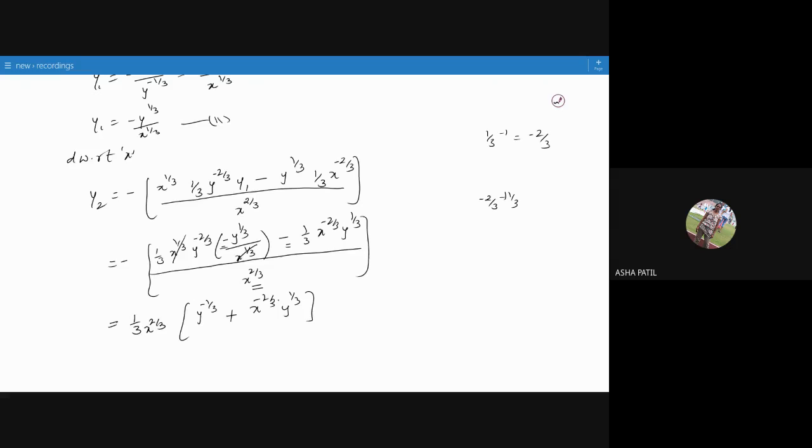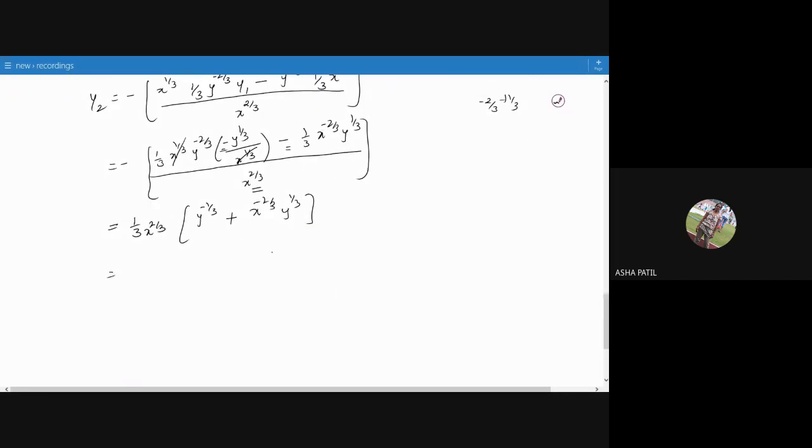Now this term we will better write with positive power: 1 by 3 into x raised to 2 by 3, 1 upon y raised to 1 by 3 plus y raised to 1 by 3 divided by x raised to 2 by 3. So that we have positive powers for x and y. Let us take LCM here. So we have 1 by 3 into x raised to 2 by 3.